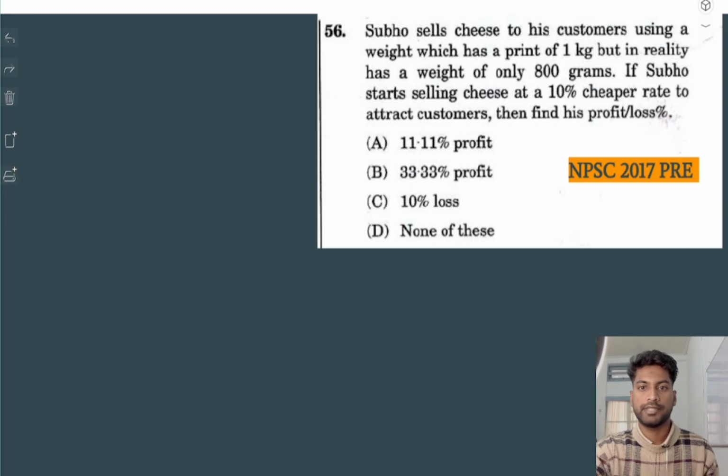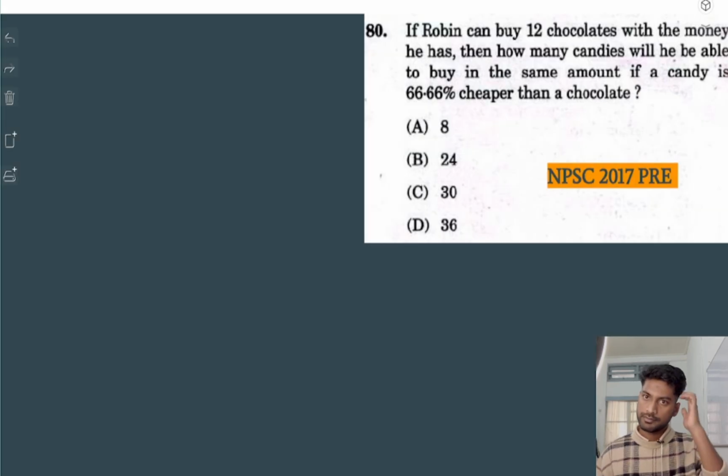Let me give you the idea of this question. Suppose Robin has some amount of money and Robin bought 12 chocolates. I don't know how much money Robin had.